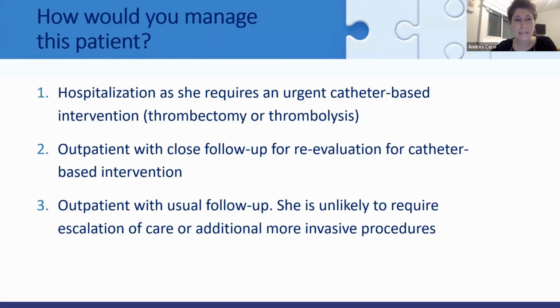And there was that subgroup analysis of the ATTRACT trial that did suggest that some people maybe had benefit in terms of less severe post-thrombotic syndrome. In our center, there's not as much familiarity with PCDT in this setting.